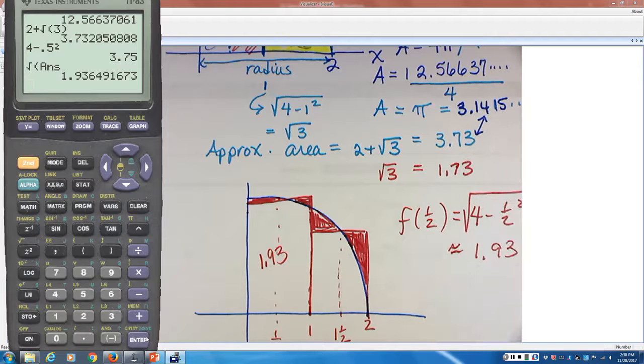And then this would be f of 1.5, and then take the square root of that.